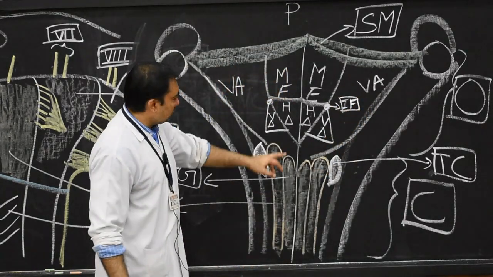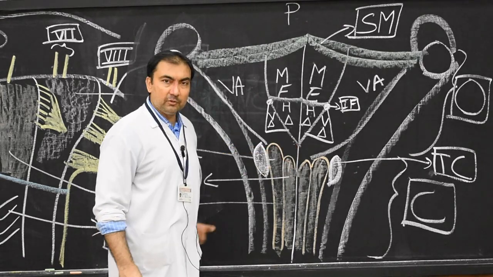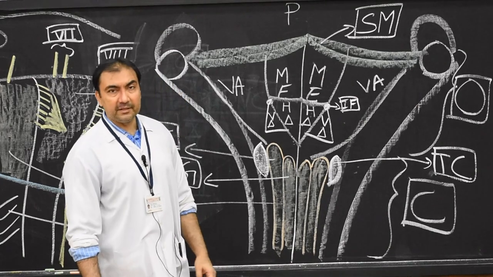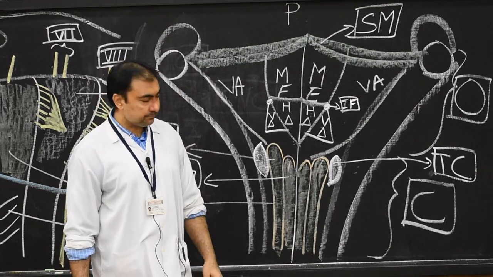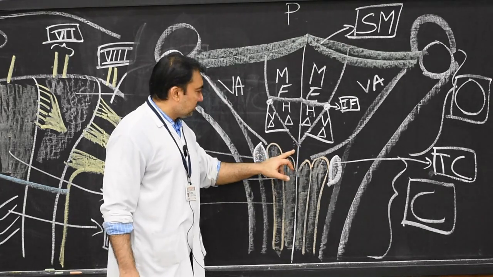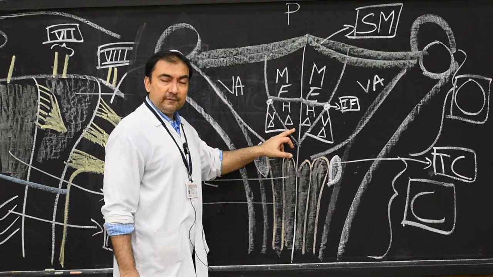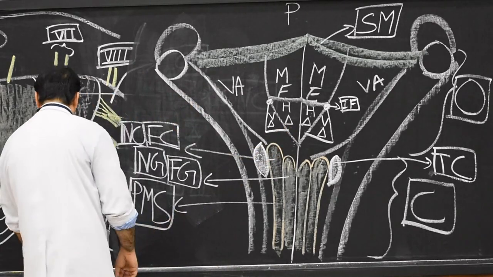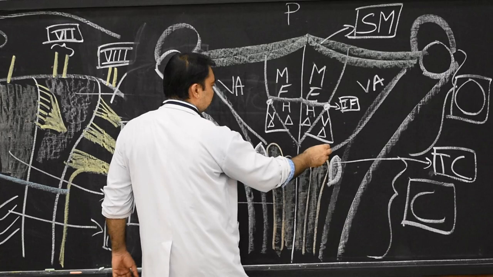And then we come to the lower part. In the extreme lower part, at the junction between the closed and open part, there will be an ependymal ridge, and that ependymal ridge will separate the lowermost part from the vagal triangle. What is the name of that ependymal ridge? It is known as funiculus separatus.